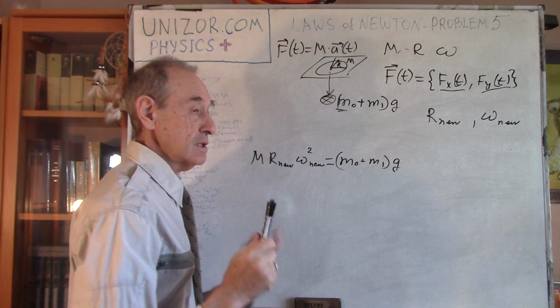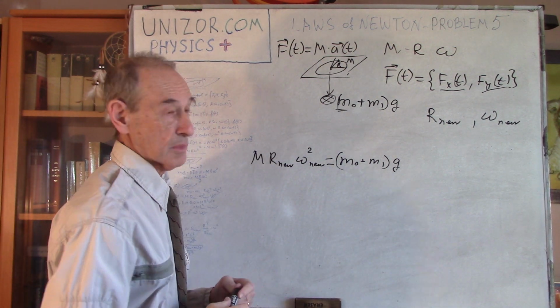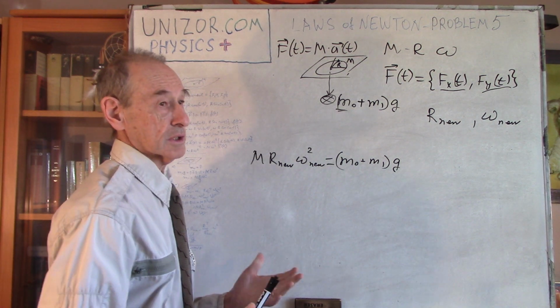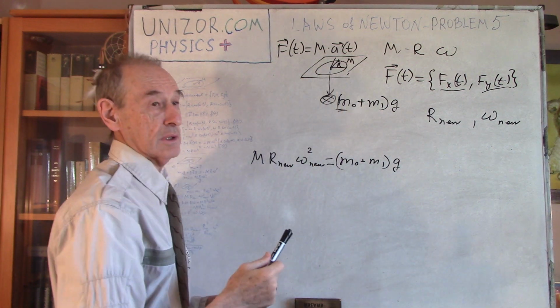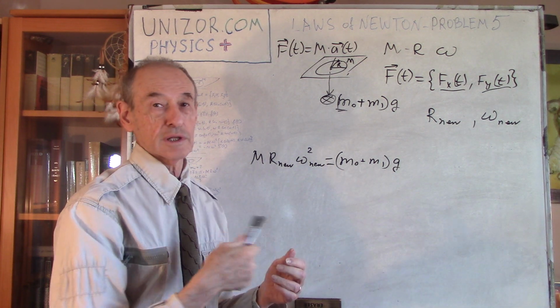Okay, but here we have to recall the law of angular momentum conservation. Why is it applicable here? Well, for a very simple reason. The force is still central. So we have not changed the rotational component.